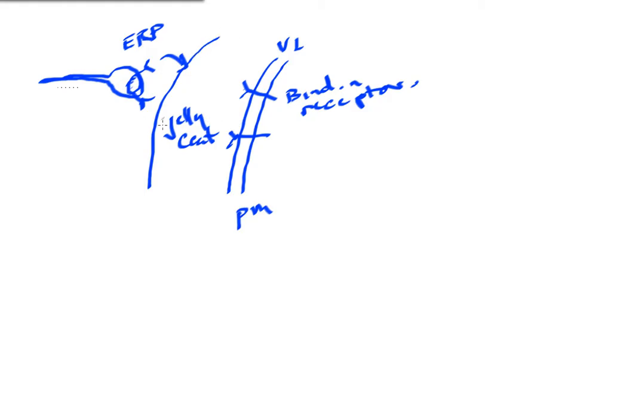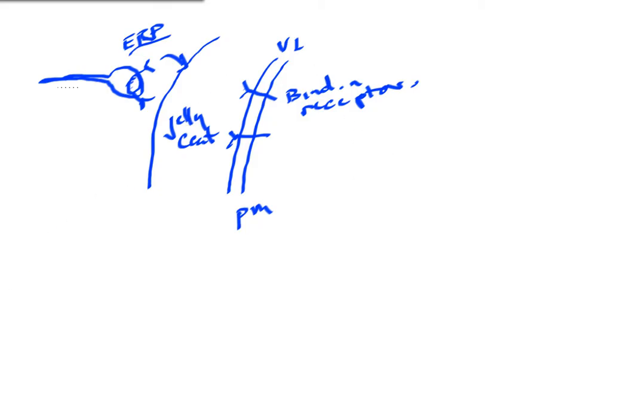What the jelly coat and egg recognition protein and bindin receptor interactions provide is the prevention of cross-species fertilization.